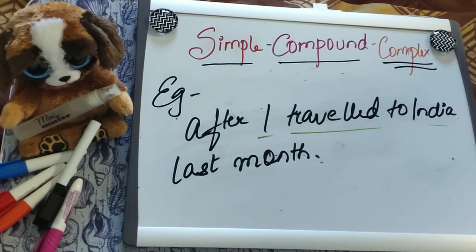Or you can say I visited a holy place and then my friend invited me to a party after I traveled to India last month. You can add an independent clause and then add this dependent clause, which will make sense. So this is waiting for somebody to support this sentence.